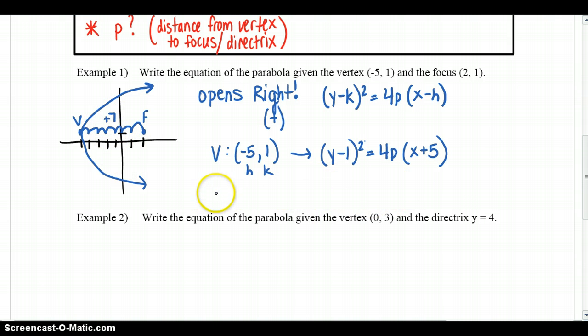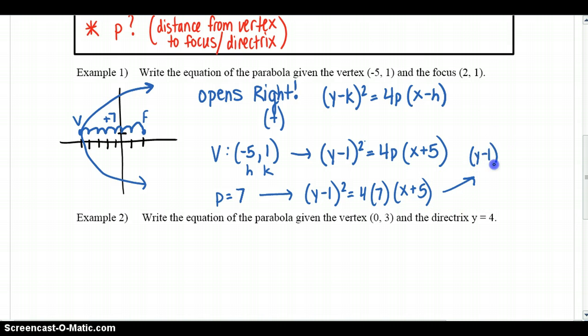That means that p is going to equal 7. So all I have to do is plug that in. y minus 1 squared equals 4 times 7 times x plus 5. And then when I simplify that, I end up with y minus 1 squared equals 28 times x plus 5. And there's the equation for that parabola.